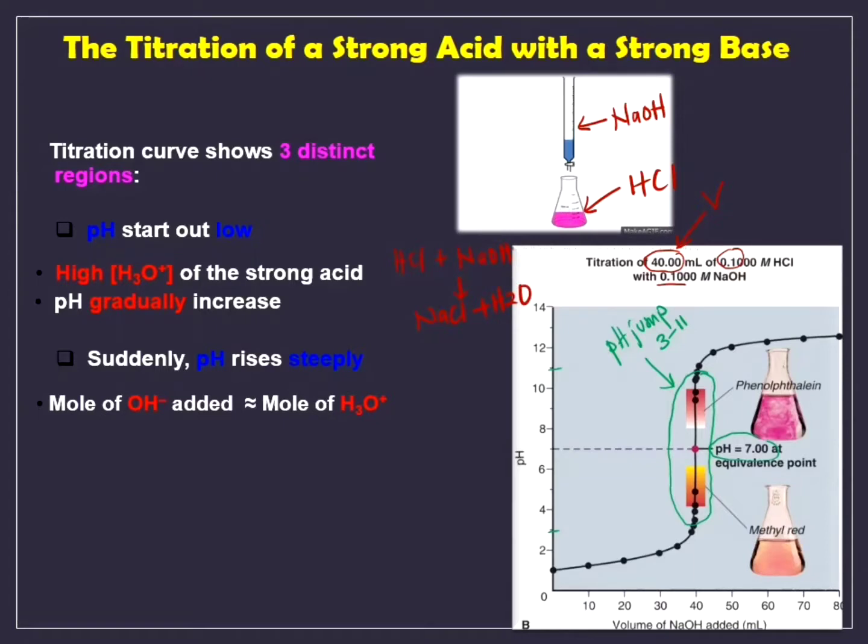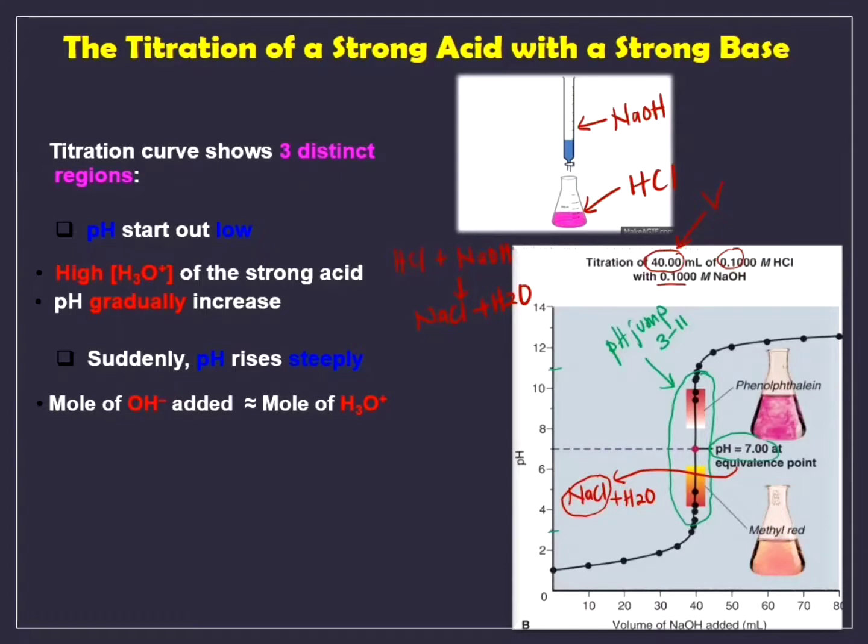So at the equivalent point, you only have NaCl and H2O. No more acid left, no more base left, only salt and water. So the pH at the equivalent point depends on the salt produced. I repeat, the pH at equivalent point depends on the salt produced.